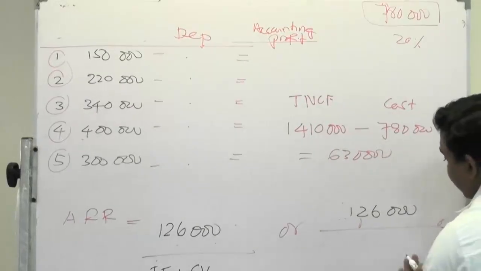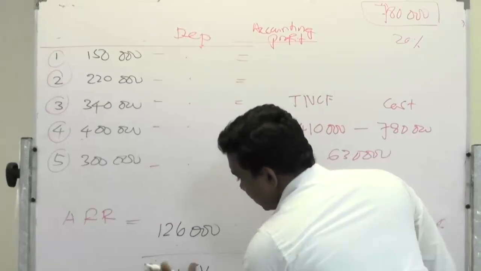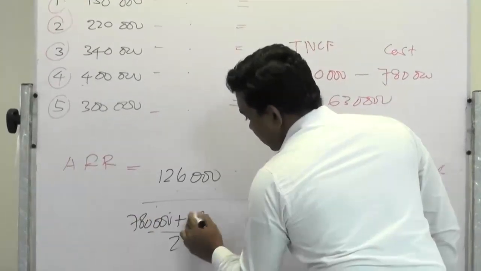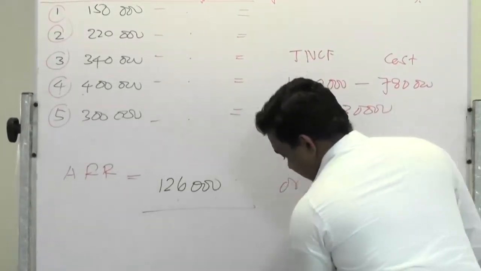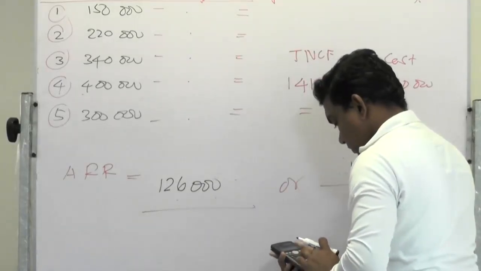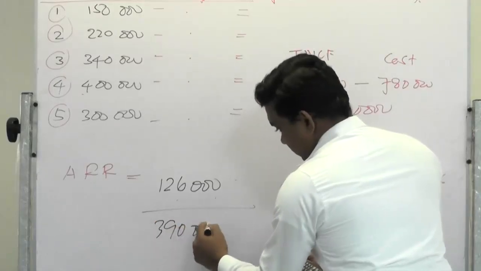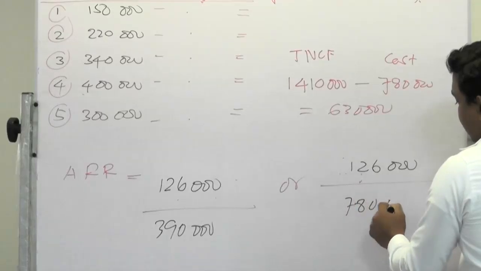Here you will take only the initial investment. Now here the initial investment is 780,000, no scrap value, and since it is divided by 2, 780,000 divided by 2 is 390,000. Here you will take it as it is, 780,000.